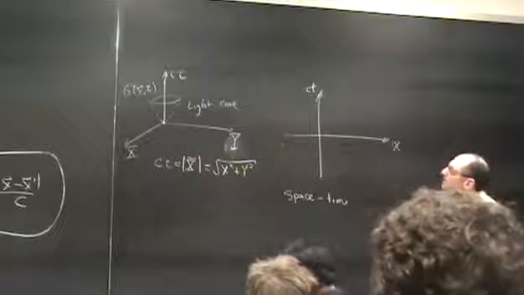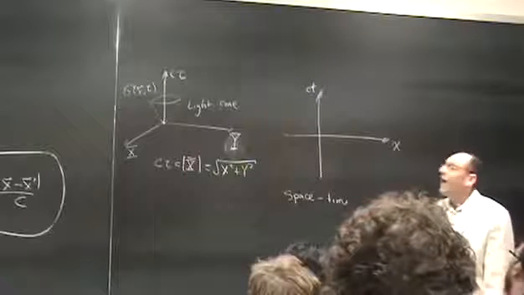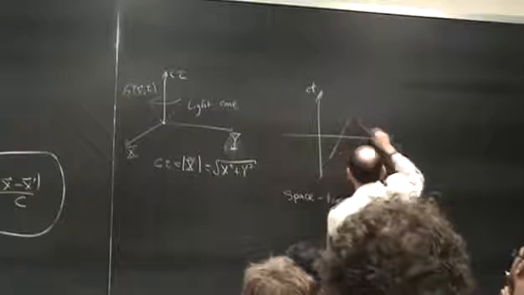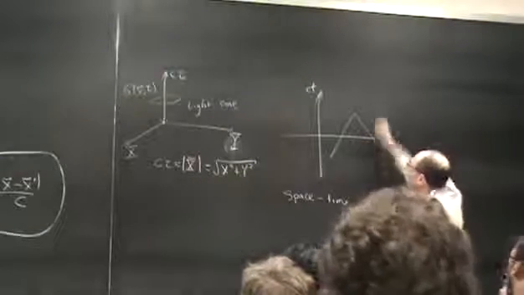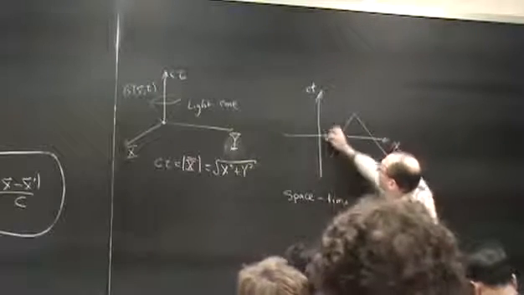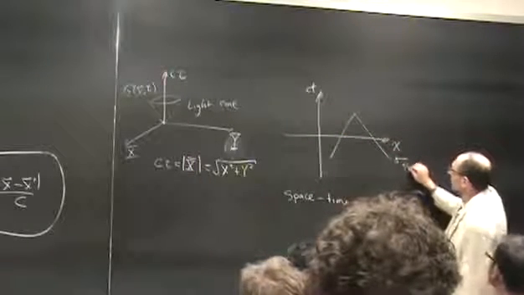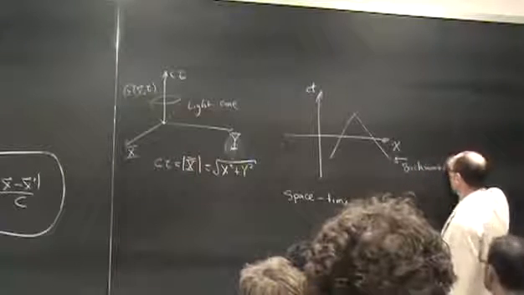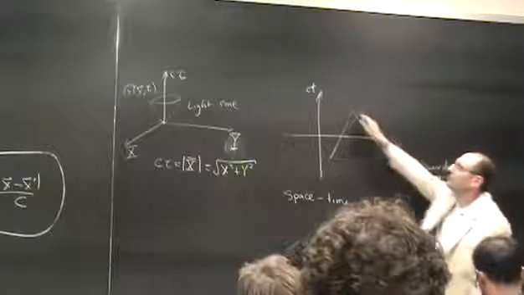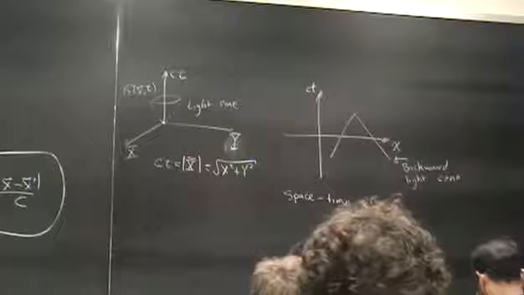What I see depends upon what was going on in my past, and moreover, it depends on my past that propagates to me at the speed of light. So if these are lines that have a slope of 1 in these units, this, as you know from your previous studies, is known as the backward light cone. These are all the light signals that could have gotten to me at my position at my time.